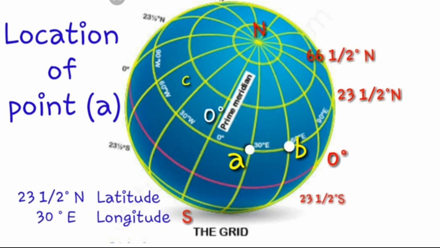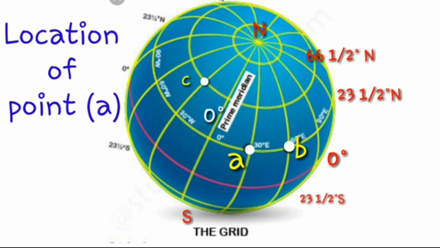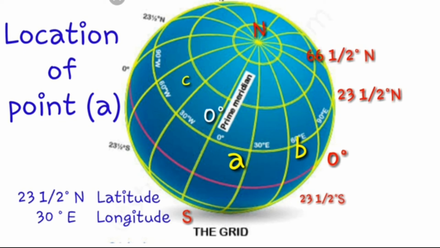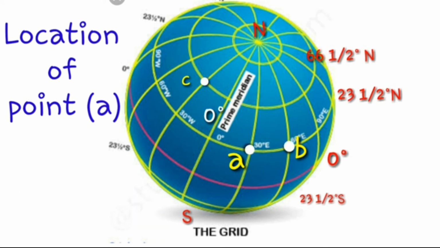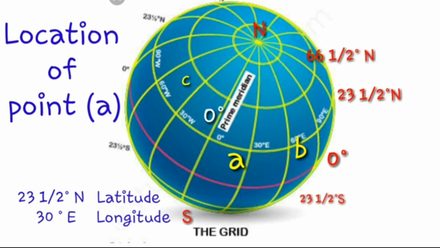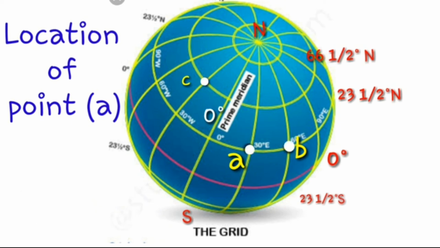Now students, always remember that when you write the location of any place, you have to mention the latitude first, followed by the longitude. Similarly, try to find the location of point B and point C.